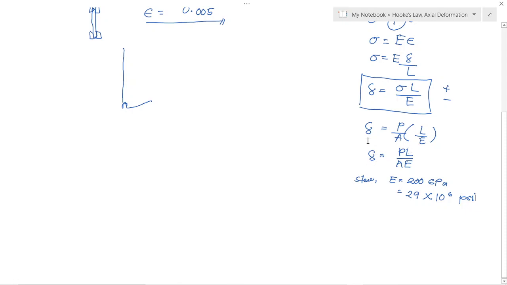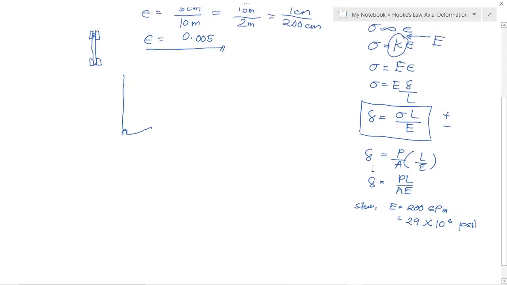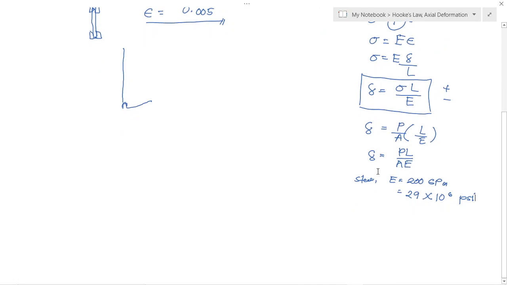Another thing that you need to take note is that this equation is only applicable for a homogeneous material. So, meaning to say, kung steel lang. Sometimes kasi, the material can be, for a certain rod made of steel, tapos another material na yung karugtong niya.